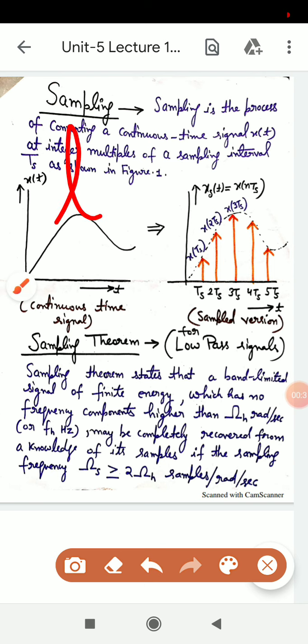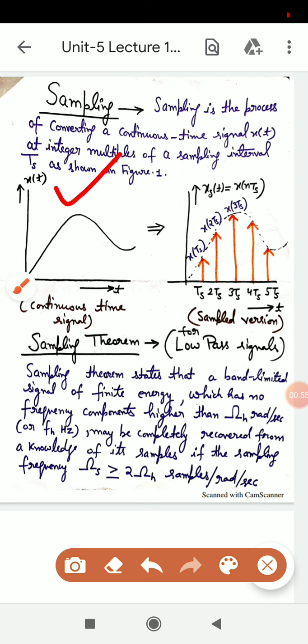Actually, the relation between continuous time, denoted by t, and discrete time, denoted by small n, is t equals nTs, where Ts is the sampling interval.